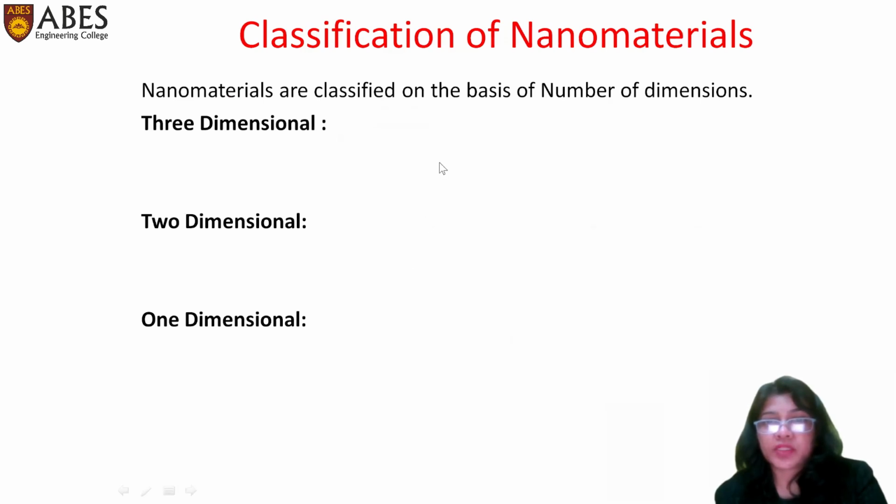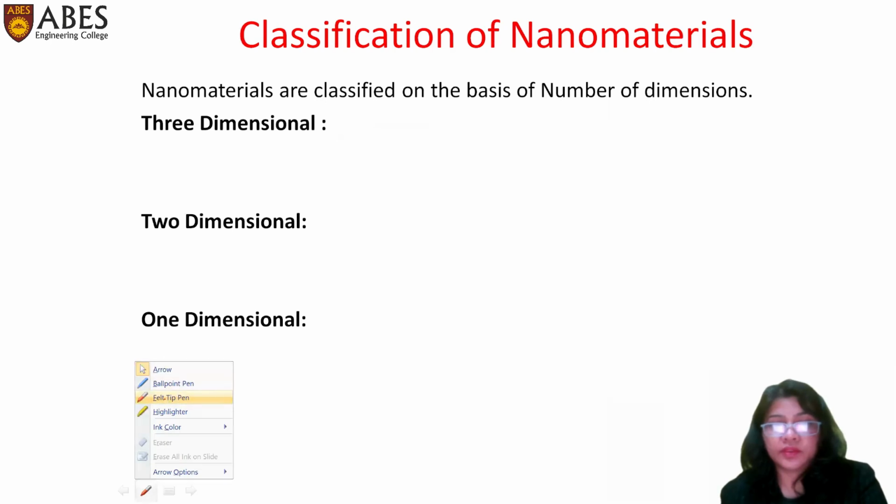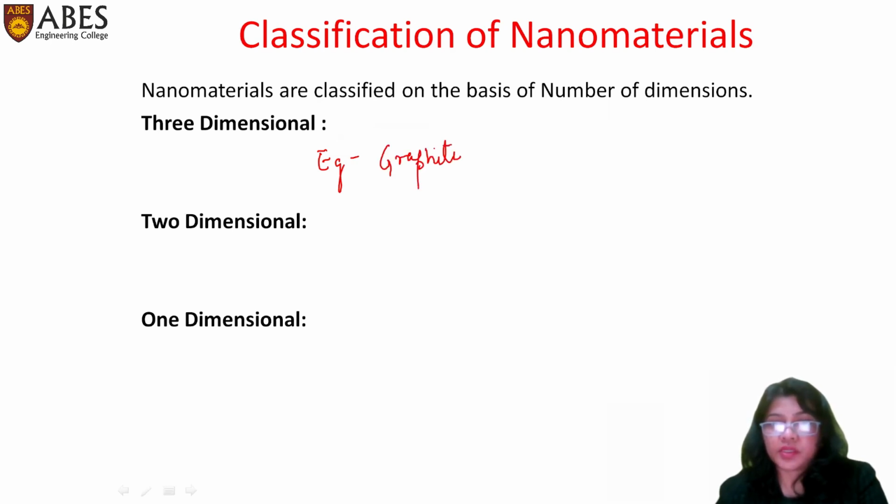Now, nanomaterials are classified on the basis of the number of dimensions they have. The nanomaterials with three-dimensional structures are those which can be represented in all three directions. An example of a three-dimensional nanomaterial is graphite.